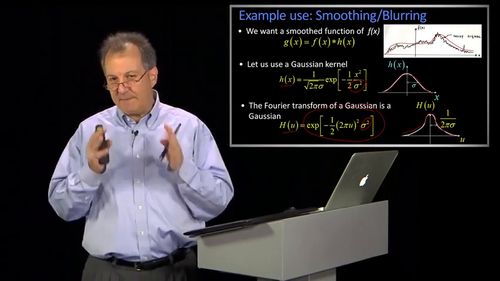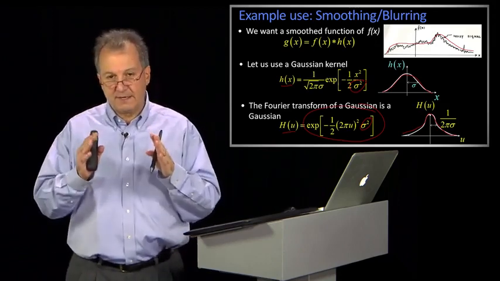Now, if you think about that, that makes a little bit of sense, right? First of all, let's think of a really, really skinny Gaussian, like almost an impulse. Remember when you convolve a function with an impulse, you get back the original function? So that means you basically keep all the frequencies.